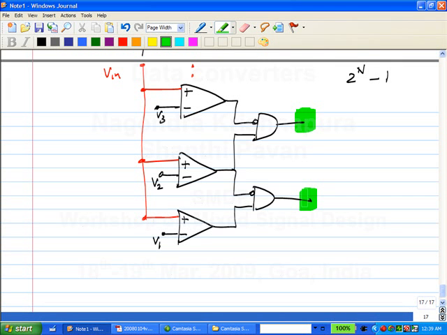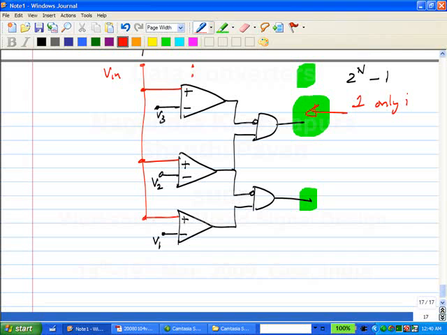Now can you make any comment on the logical values of these lines coming out? What does the logical value at the output of this gate mean? That will be 1 only if, for example, this one will be 1 only if Vin is lying between, no, look carefully, V2 and V3, correct?